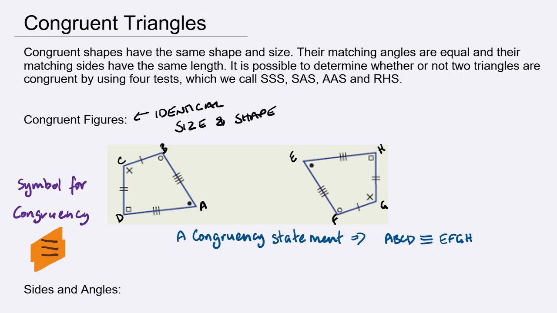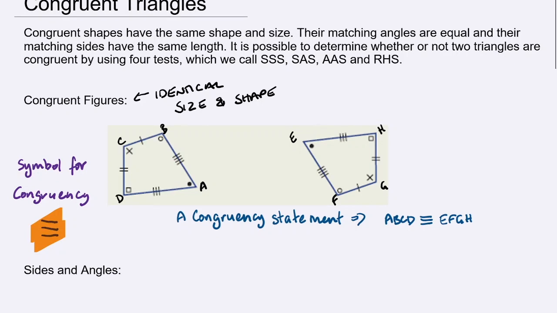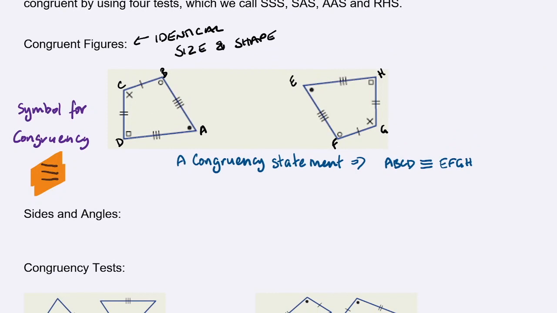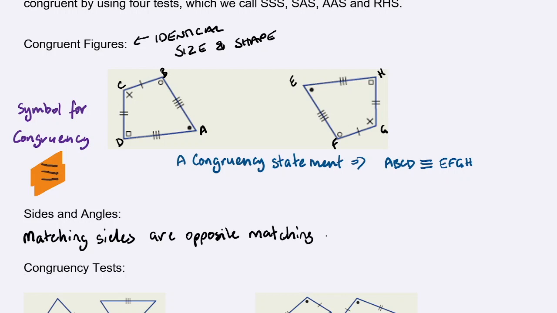Now, how do we know that these are congruent? Okay, well, matching sides. Matching sides are quite often opposite matching angles.